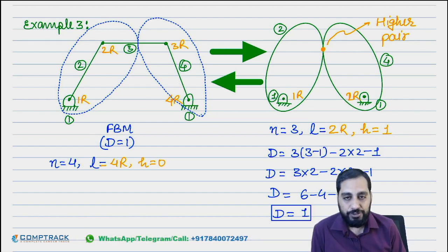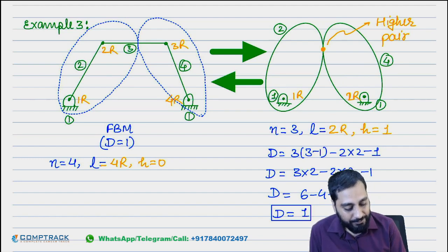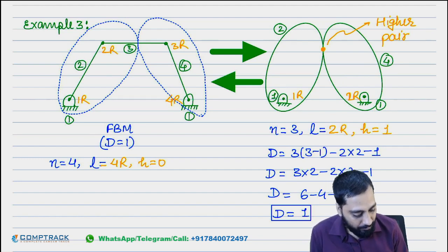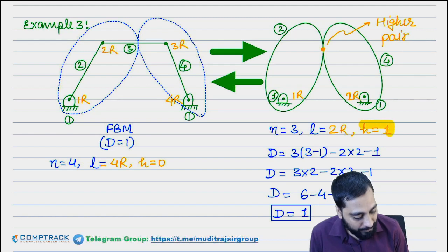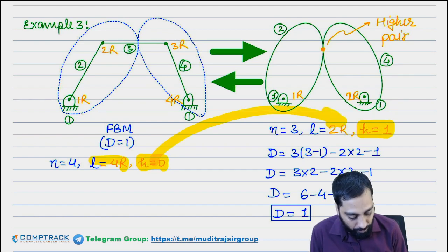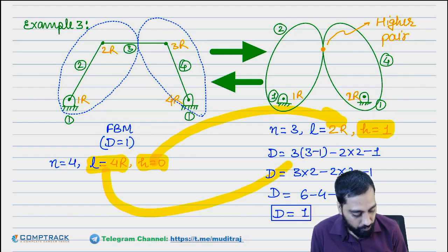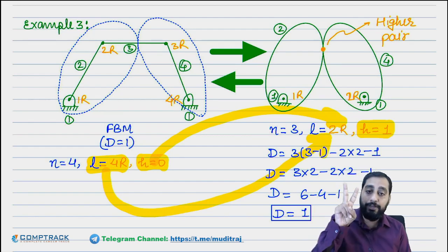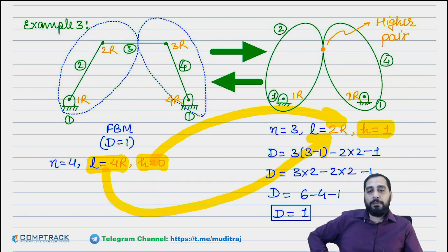And on the right side, what is happening? One higher pair is increased from here to here. One higher pair increased, and lower pairs are decreased by 2. Did you understand or not?